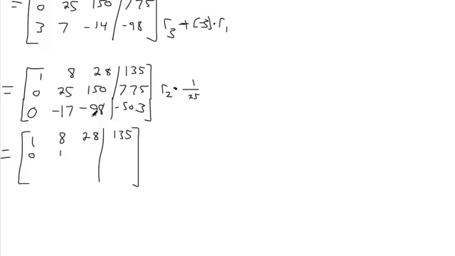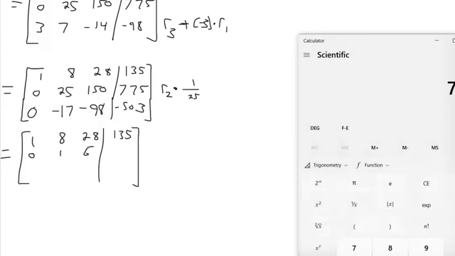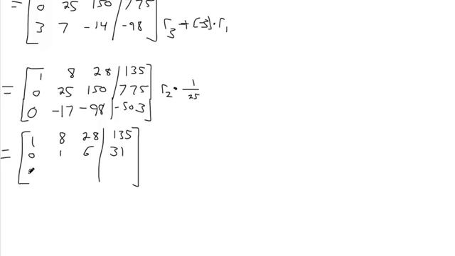So this is 6, right? 150 divided by 25. And then 775 divided by 25 is 31. Everything else stays the same.